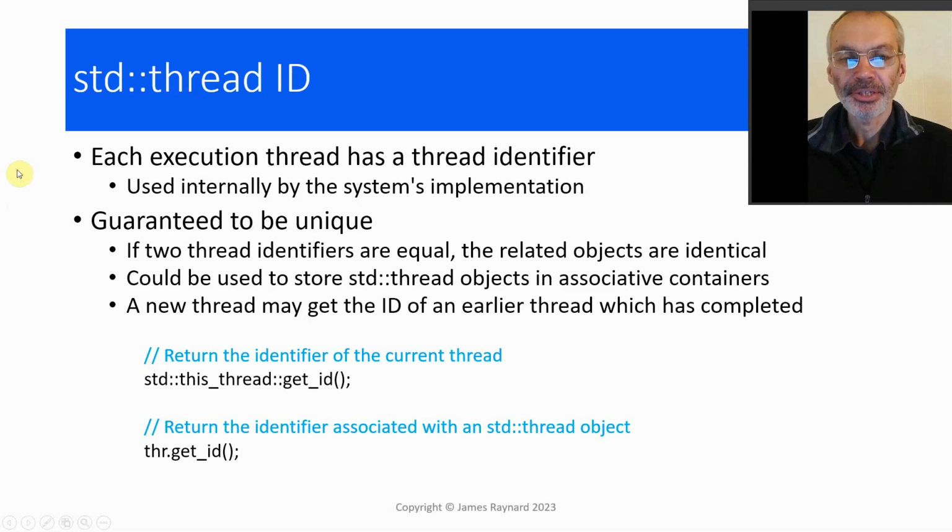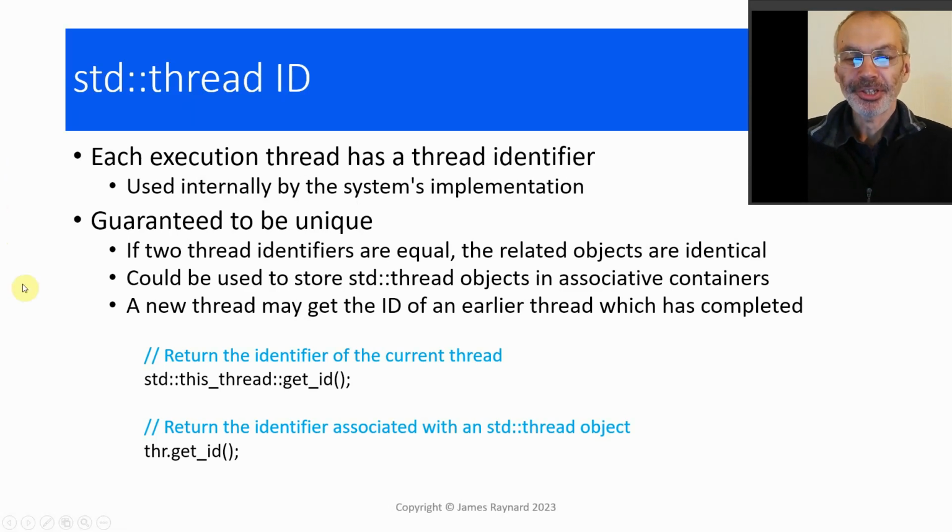Each execution thread has a thread identifier, which again is used internally by the implementation. This ID is guaranteed to be unique, so if two thread identifiers are equal, two execution threads have the same ID, then the thread objects which represent those threads are the same object. They have the same address in memory.